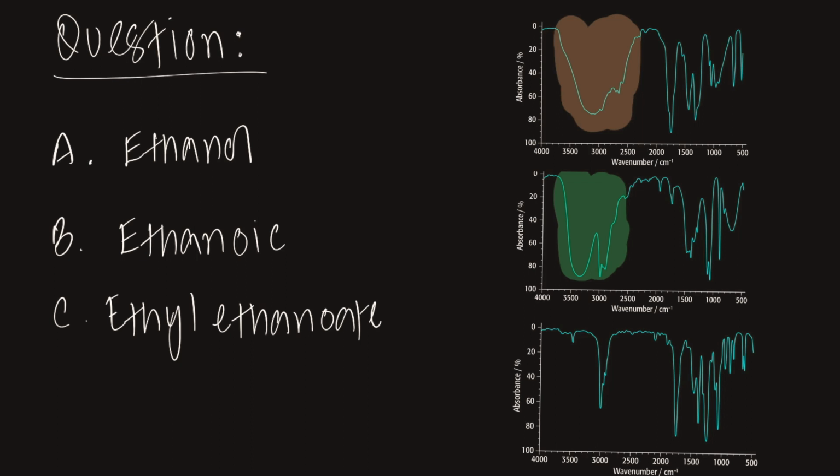On the left, I have ethanol, ethanoic acid, and ethyl ethanoate. Now, ethanol will have my OH bond, but it'll have the lobe. So this is my ethanol. For ethanoic acid, it'll have that characteristic iceberg shape, because these two are for the same bond, the OH bond.